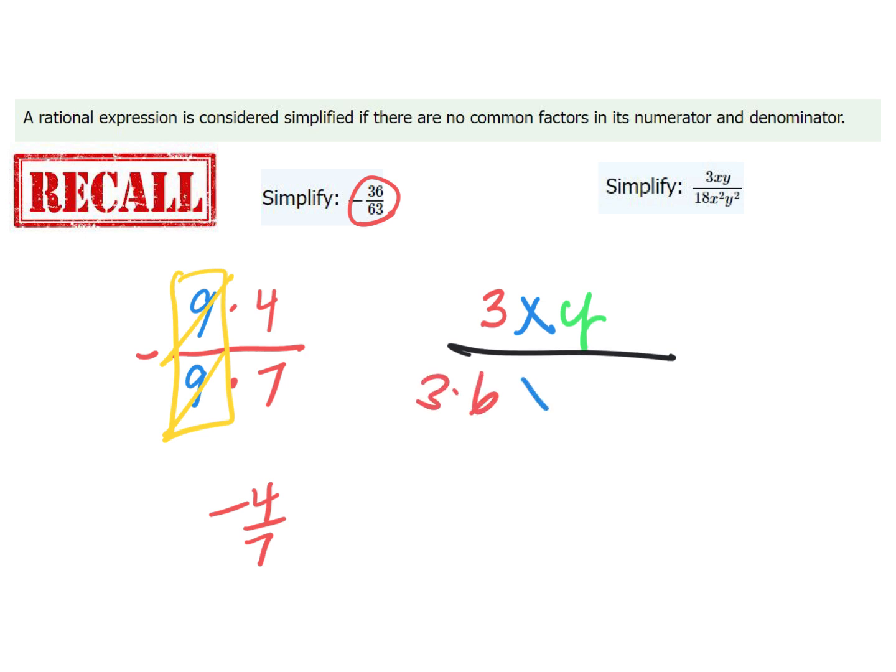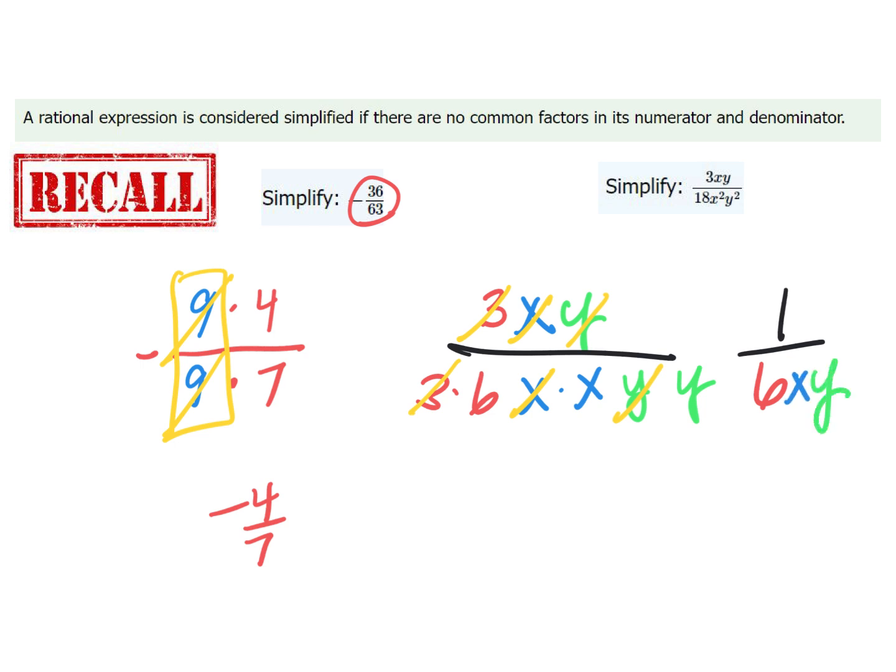If we look at x squared, that's x times x. And if we look at y squared, that's y times y. We can then say, well, 3 over 3, there's a 1. x over x, there's a 1. y over y, there's a 1. And so when I go to write my answer, I have removed everything from the numerator, leaving a 1. And then in the denominator, we're going to have a 6, an x, and a y.